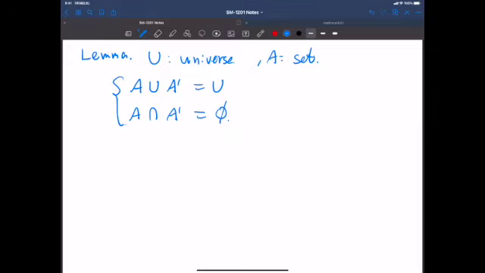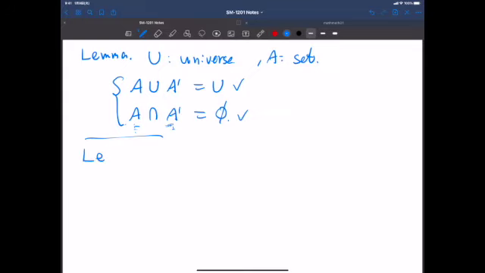This is almost trivial, right? And this is also trivial because if X belongs to A, then it cannot belong to A prime by definition, and vice versa. So there should be no common elements between A and A prime, so they must be disjoint. But you should try to prove this more formally.